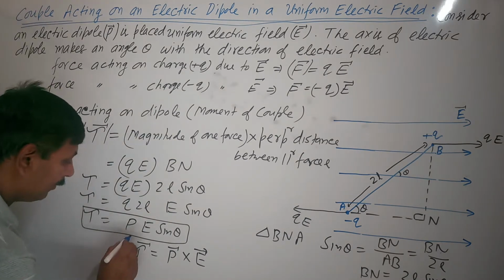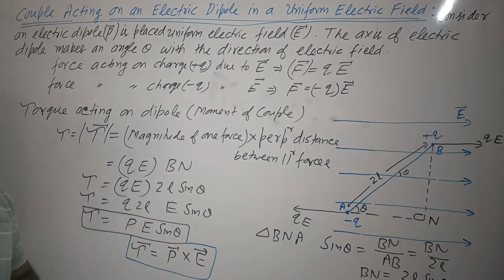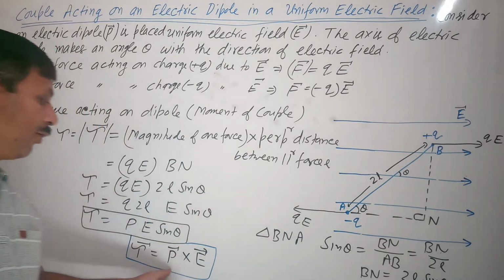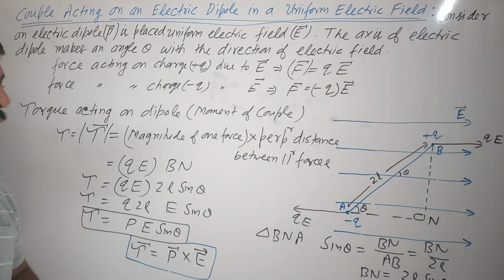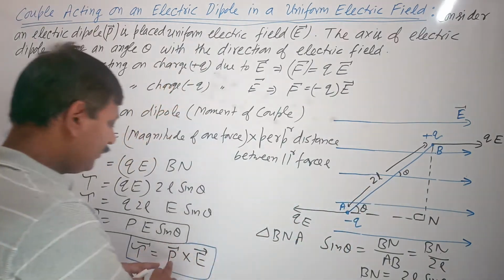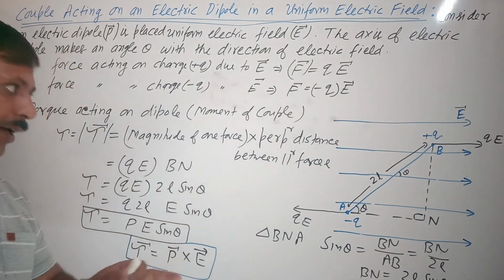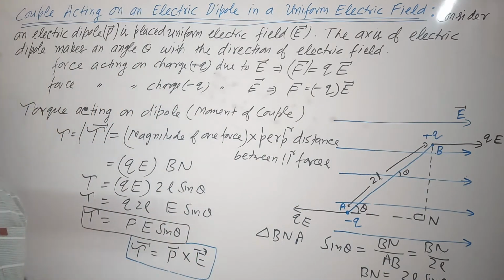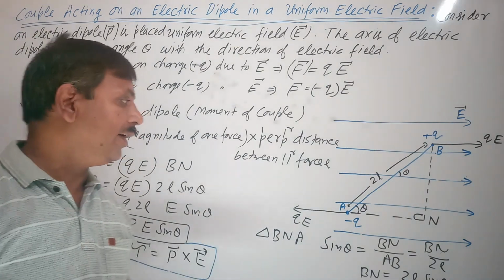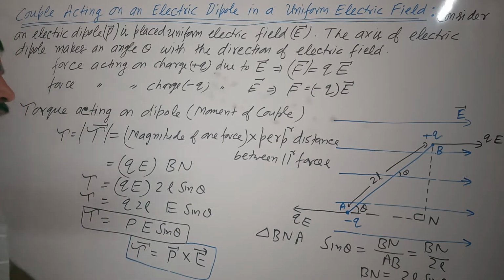Vector form I have represented here: torque is equal to p cross E. You can find the direction of torque by the cross product method. If you rotate a screw driver from the dipole moment toward the direction of the electric field, the direction in which the screw advances will be the direction of torque.